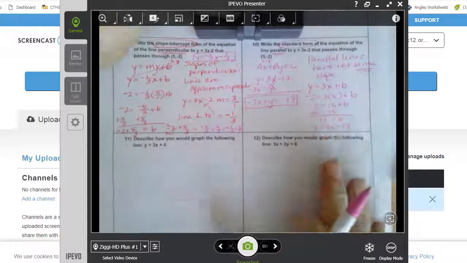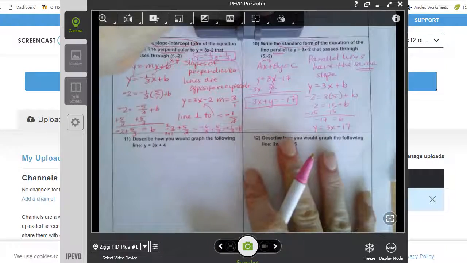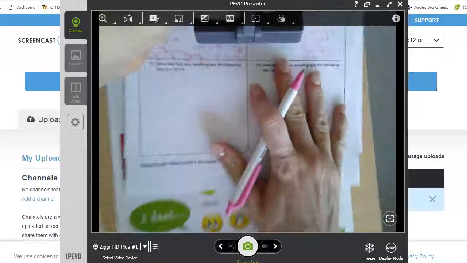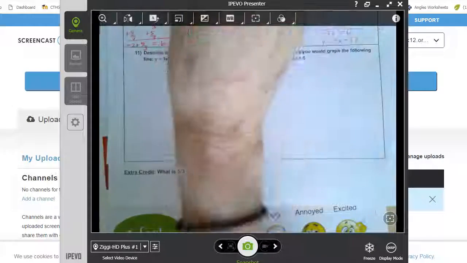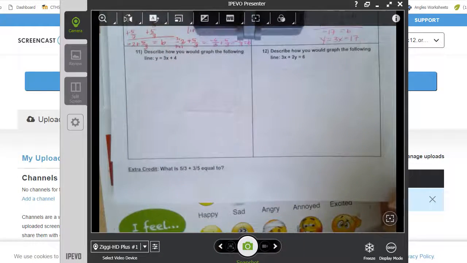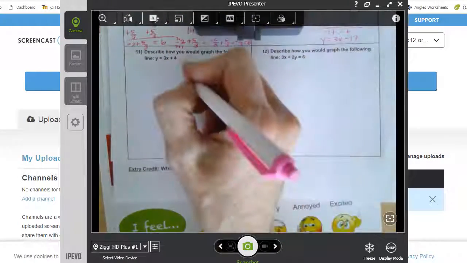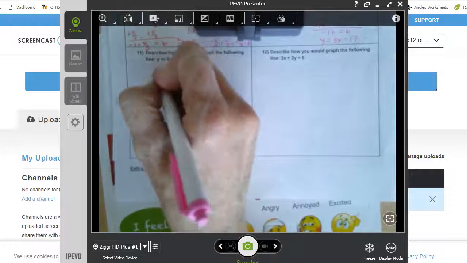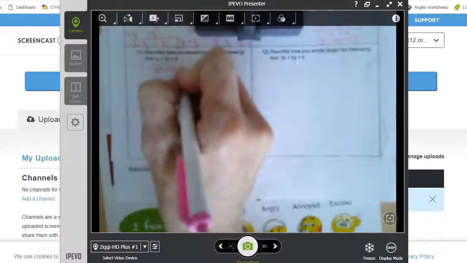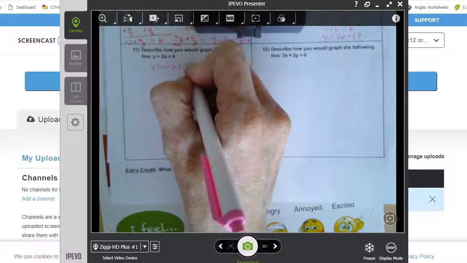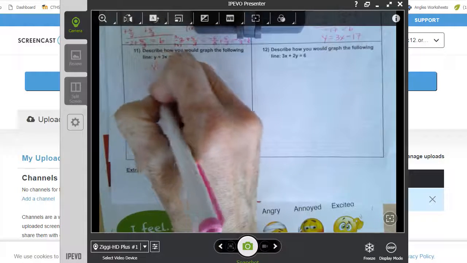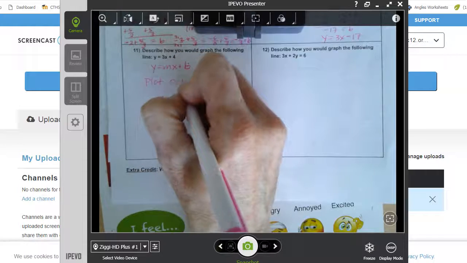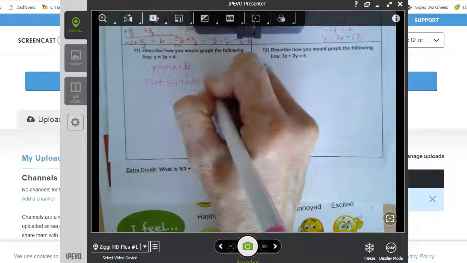These last two, again, pause and take a look at any point you need. These last two, you were asked how you would graph. So one good response here, and there are more than one, for number 11. Well, they've given me a slope. They've given me a y-intercept. So I could plot 0, 4 as the y-intercept.